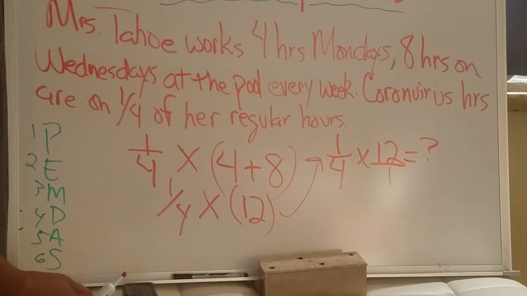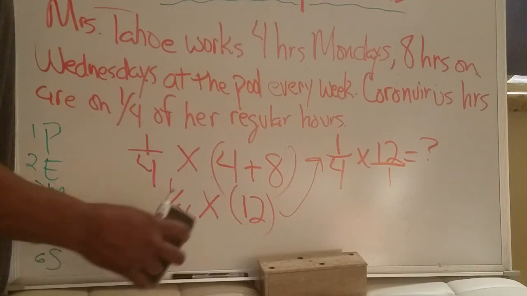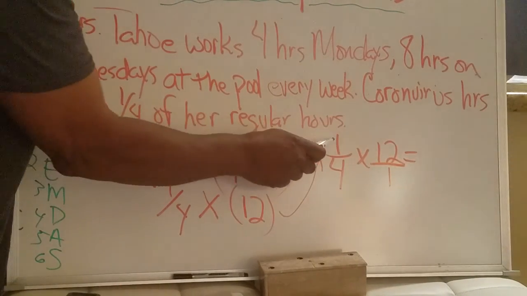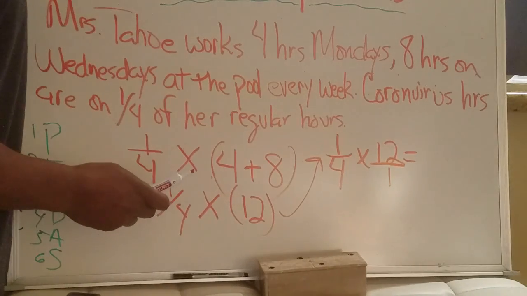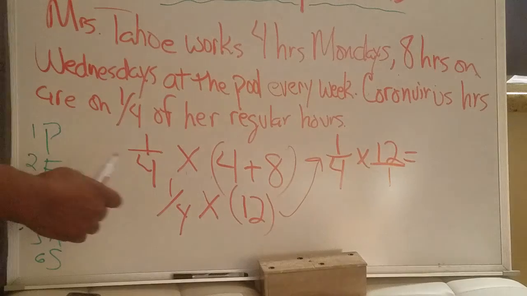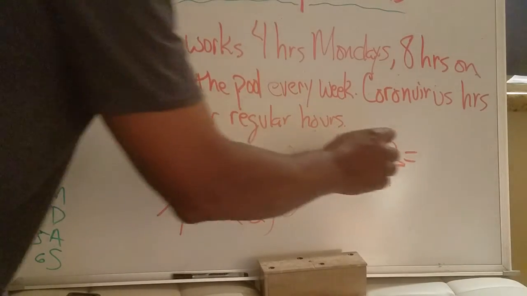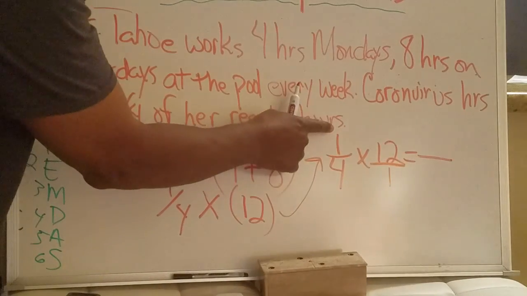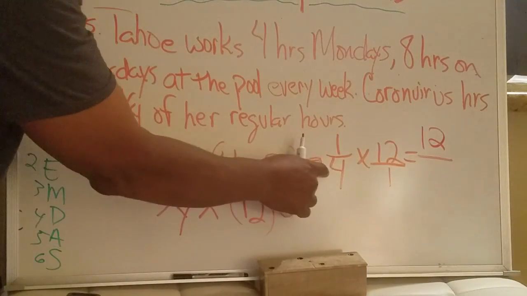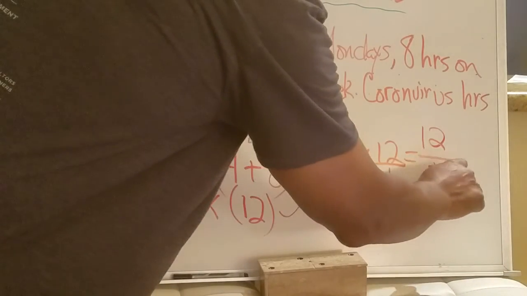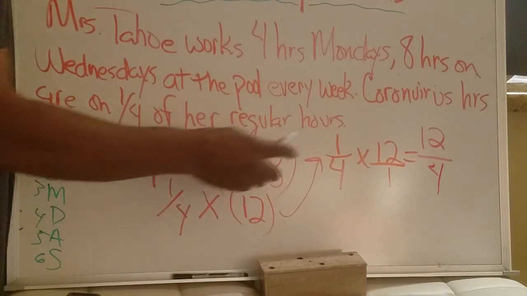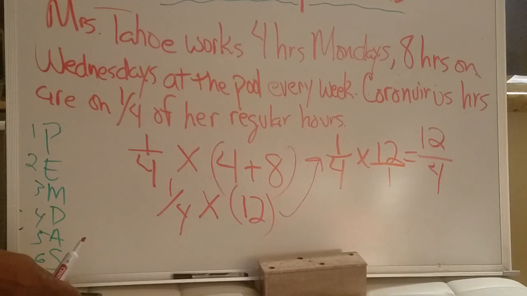And the cool thing I love about multiplication of fractions is you just multiply the numerators, the numbers on the top, and you multiply the denominators, the numbers on the bottom, and you pretty much are done. So that's easy. 1 times 12 is 12. 4 times 1 is 4. You're pretty much done, but you now see that you have an improper fraction, 12 over 4.